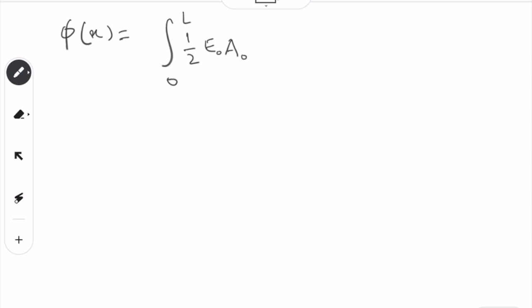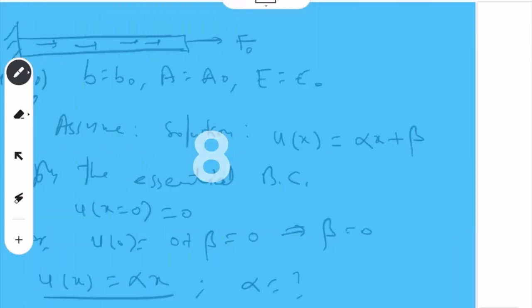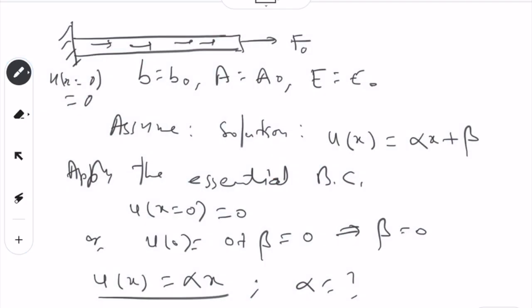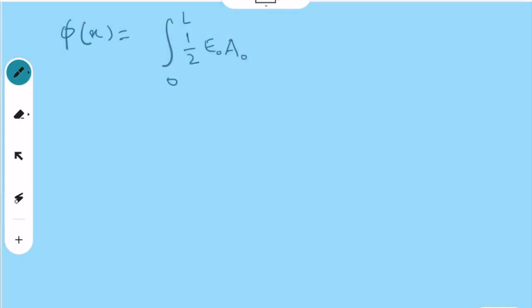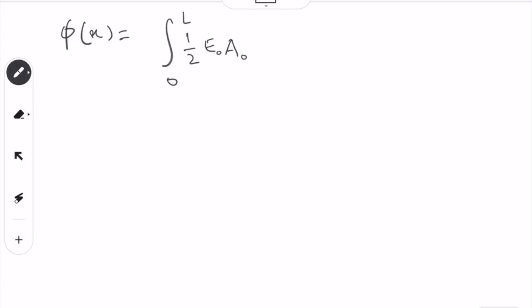So du over dx, and in our case, if we have this form, then we know that du over dx equal to alpha only. So we can make use of that. So we will have half, d over dx is a square of that, so we have alpha squared, and then we have dx.